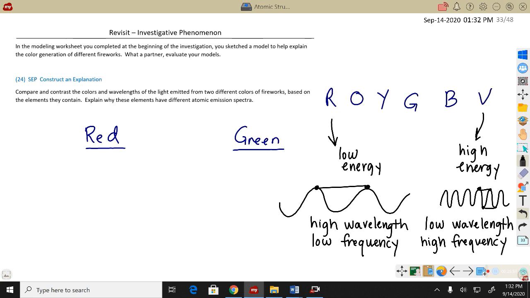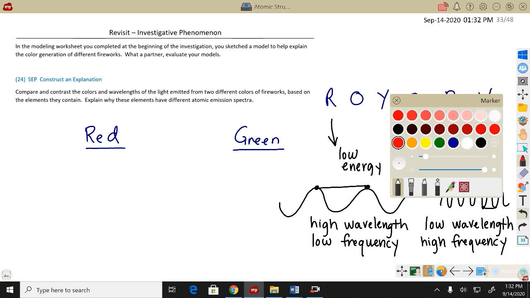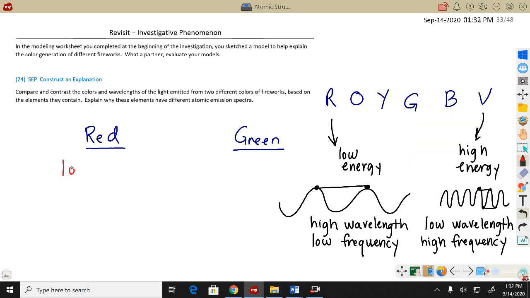Okay, cool. So they're asking me here to compare and contrast the colors and wavelengths of the light emitted from two different colors of fireworks. And so we could say something like a red light would be a lower energy.